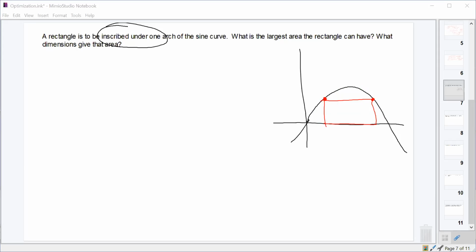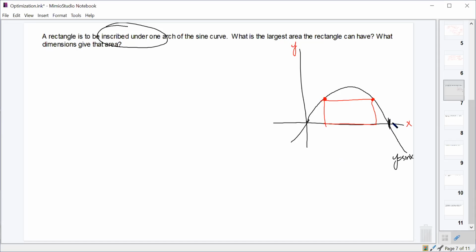So let's label our picture as best we can. Here's our x-axis, here's our y-axis. Here's our function y equals sine x. What else can we label on here? What are some other things we know? Where does sine x cross through the x-axis?